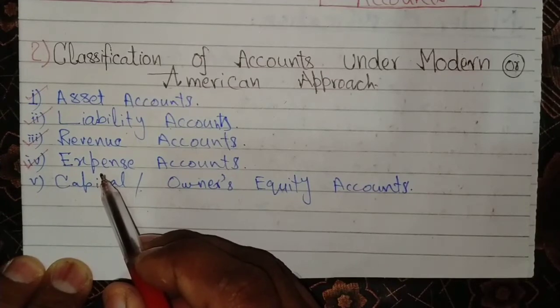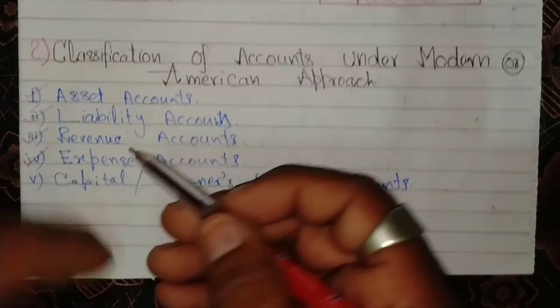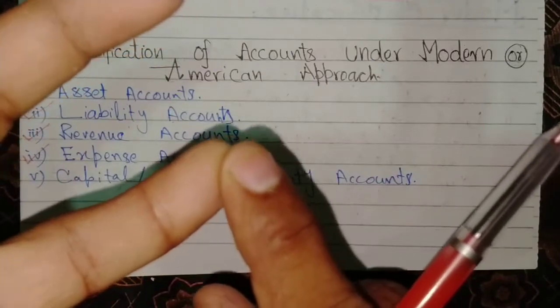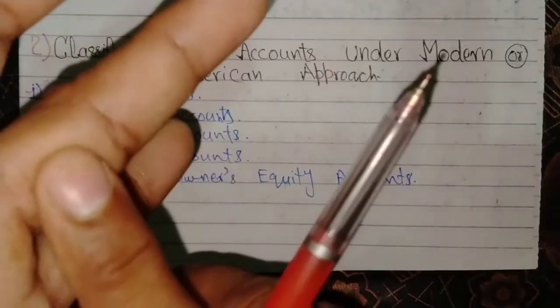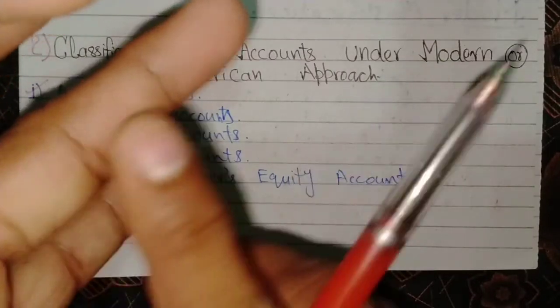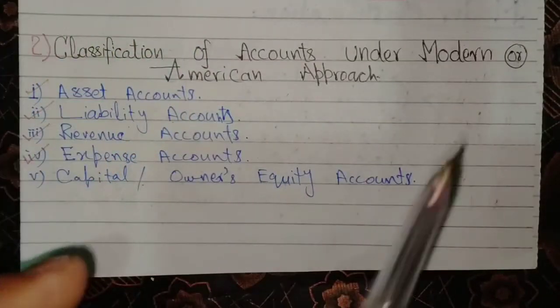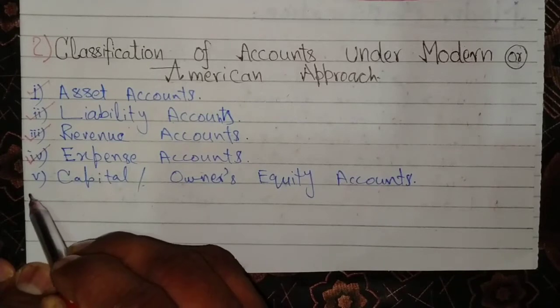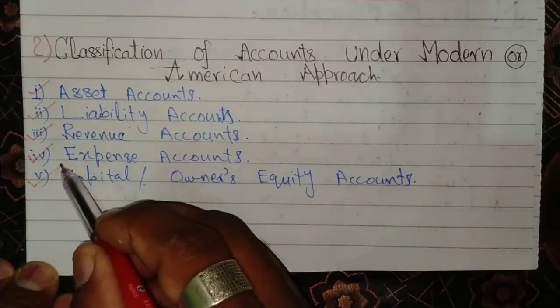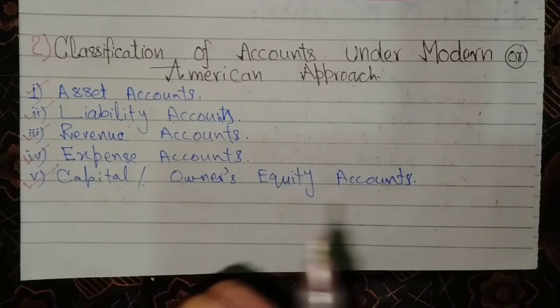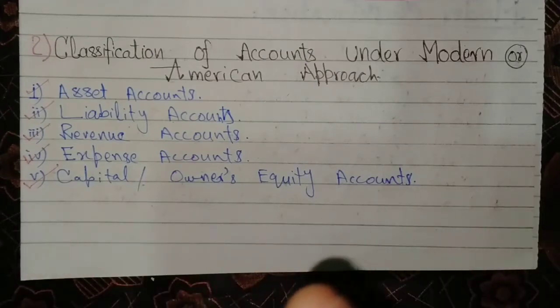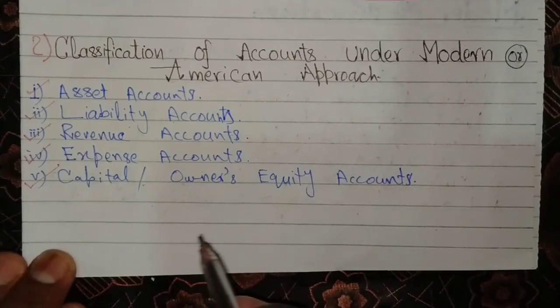Examples of expense accounts are wages expense account, commission expense account, salaries expense account, rent expense account, etc. Fifth is capital or owner's equity accounts. John's capital account is the main example of a capital or owner's equity account.